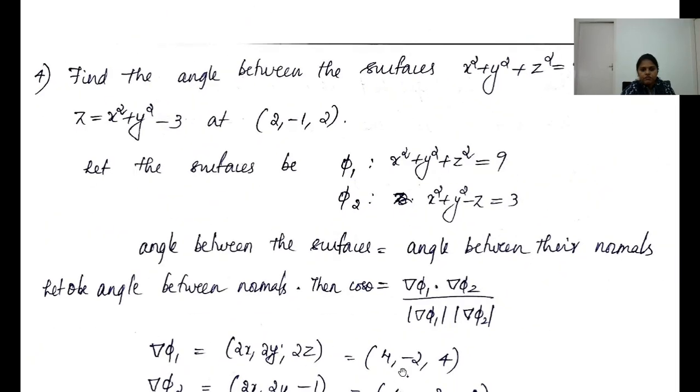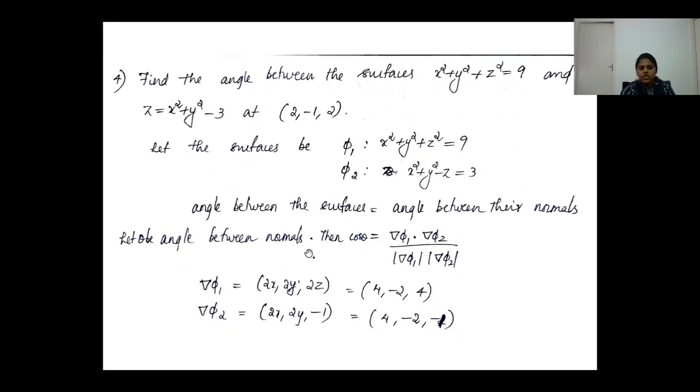And the next question is, okay, this is a different type of problem. Here you are asked to find the angle between the surfaces x square plus y square plus z square equal to 9 and z equal to x square plus y square minus 3 at 2, minus 1, 2.